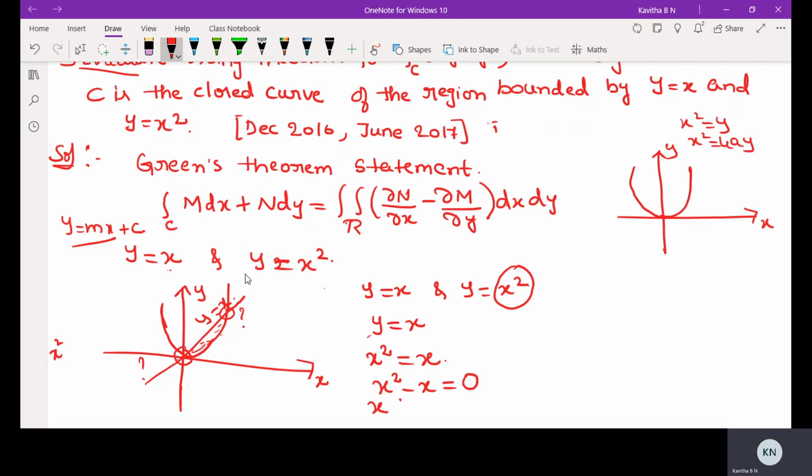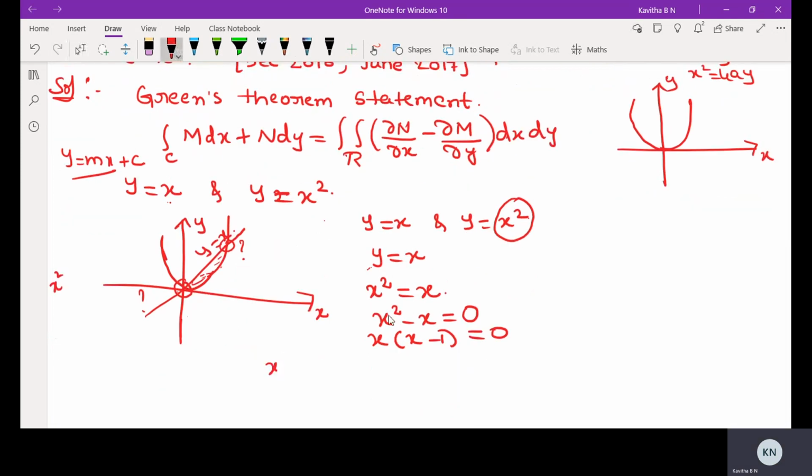Take x common: x into x minus 1 is equal to 0. Then x is equal to 0, and x minus 1 is equal to 0 means x is equal to 1. We got two points, x is equal to 0 and x is equal to 1.